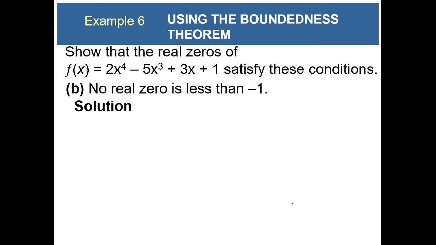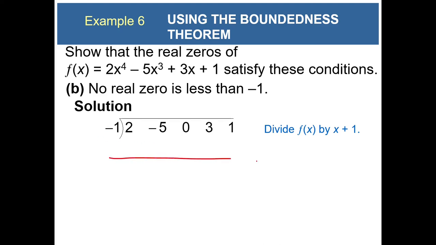B. Show there are no real zeros that are less than -1. We'll use synthetic division, and we will divide f of x by x plus 1. So we have the -1 on the outside, and I'm going to put the coefficients 2, -5, 0, 3, and 1 on the inside.